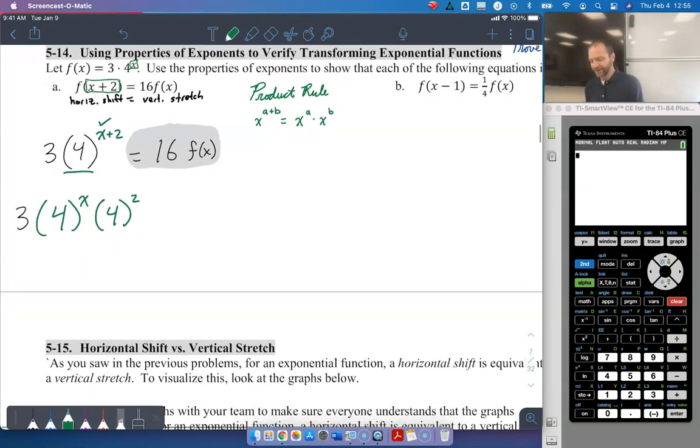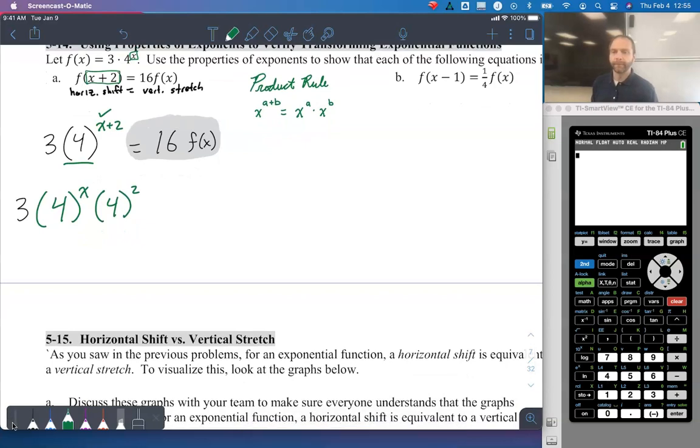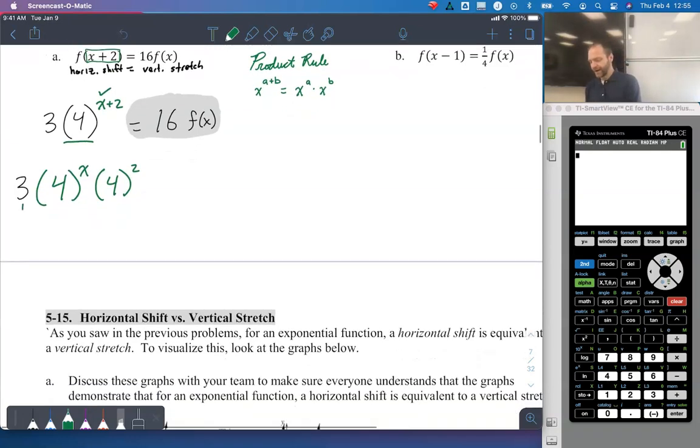And if I have this, I'm going to move the 3 and the 4 squared together because they're both numbers, so they both become coefficients. So these are going to combine, and I'm going to have 3 times 4 squared times 4 to the x power, and somehow that equals my right-hand side.